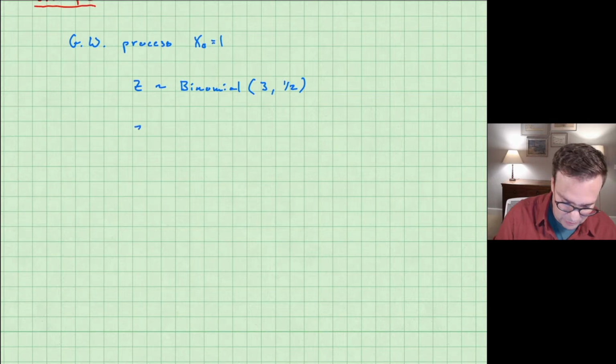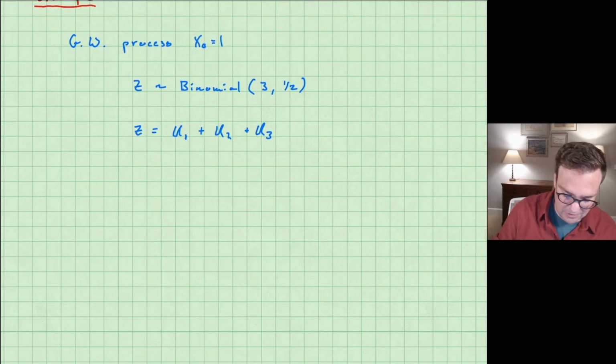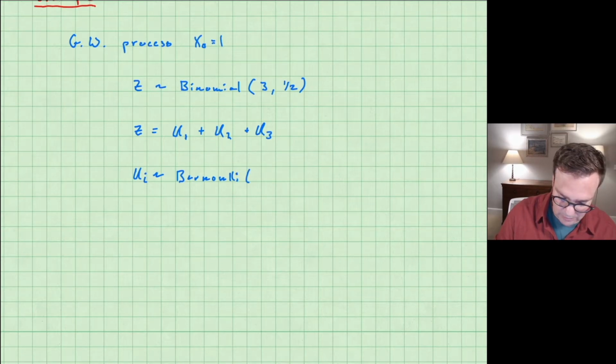In other words, you could write Z as U1 plus U2 plus U3, where each of these Ui are Bernoulli trials with probability of success 1/2.